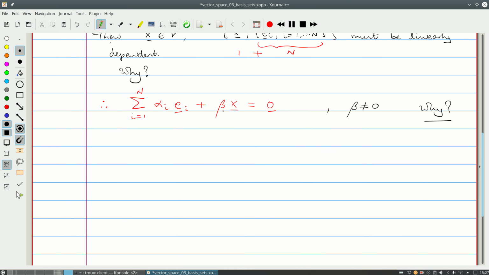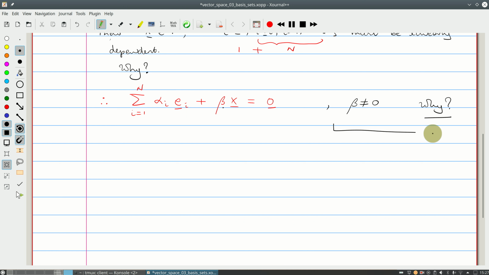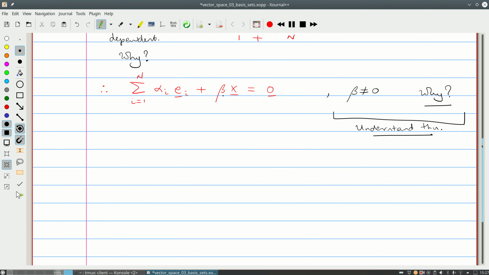I'd like you to think about this and really understand this. If you're not sure why beta must be non-zero, then bring it up in the tutorial sessions. All right, so if beta is non-zero, then what we can do is to write the vector x as minus 1 over beta, because we can now divide by beta.